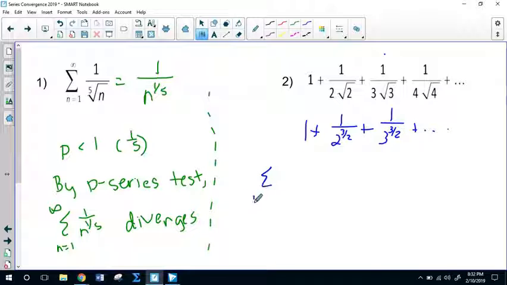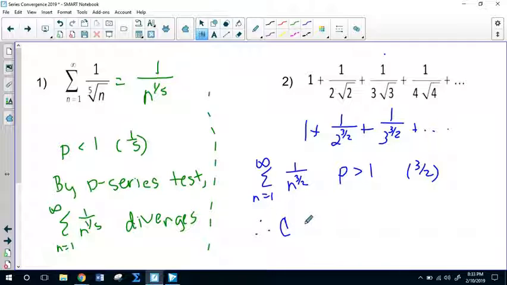So you could write this in summation notation, n goes from 1 to infinity of 1 over n to the 3/2. And since your power is greater than 1, it happens to be 3/2, this series converges by the P series test.